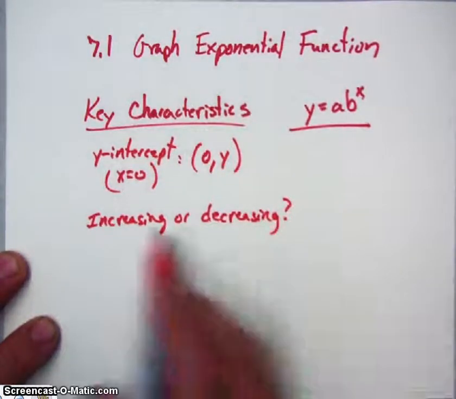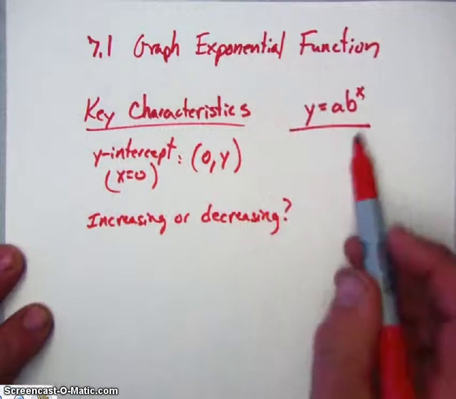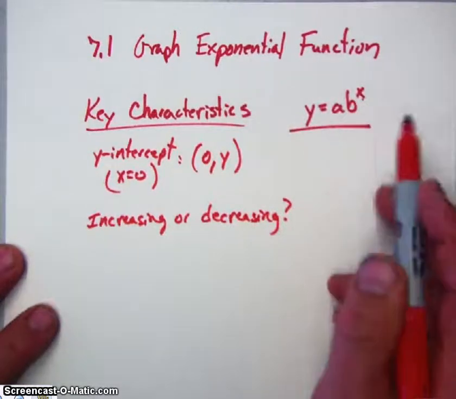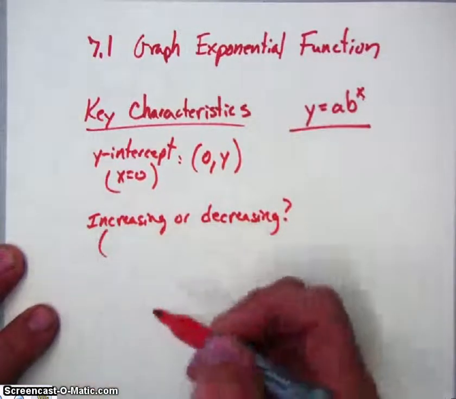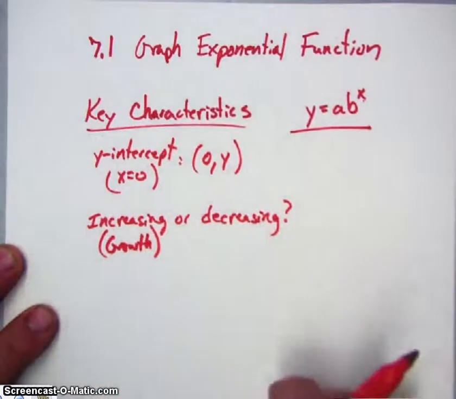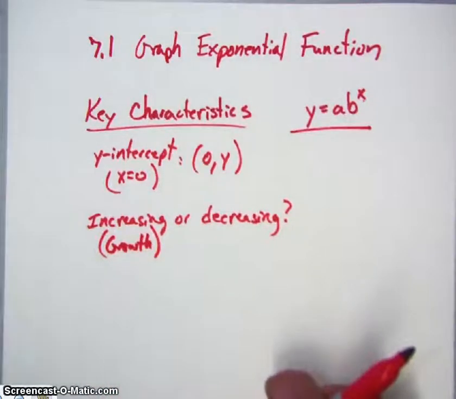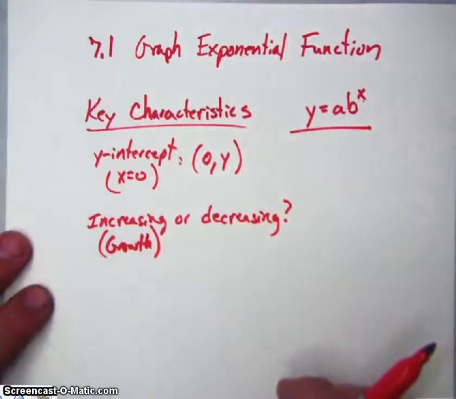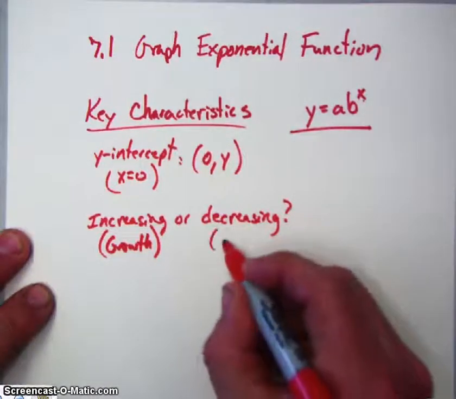When we're talking about exponential functions, when you have equations that look like this, increasing in the real world, we usually call it growth. Like interest rates, those are exponential functions. Decreasing, they call it decay.